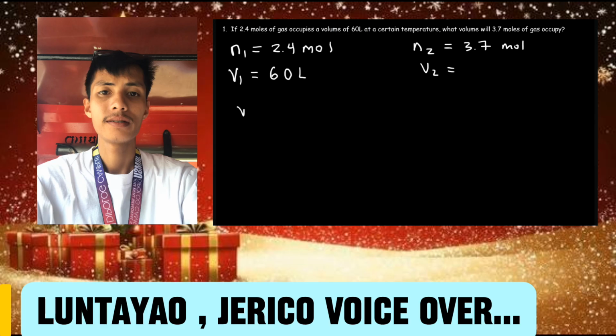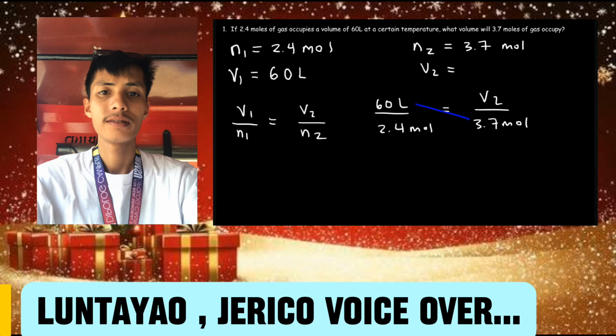So let's use the formula V1 over N1 is equal to V2 divided by N2. V1 is 60, N1 is 2.4, V2 is what we're looking for, and N2 is 3.7 moles. So what we need to do is cross multiply. Let's multiply 60 by 3.7.